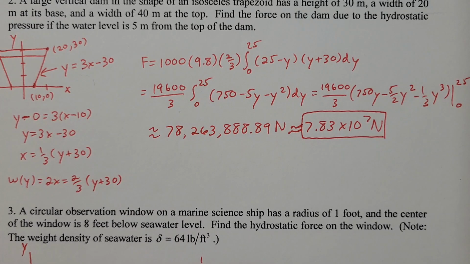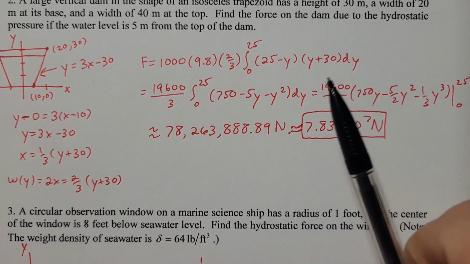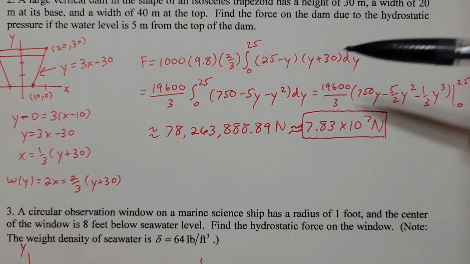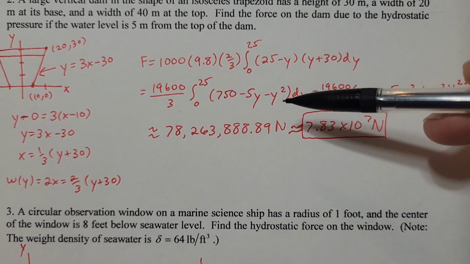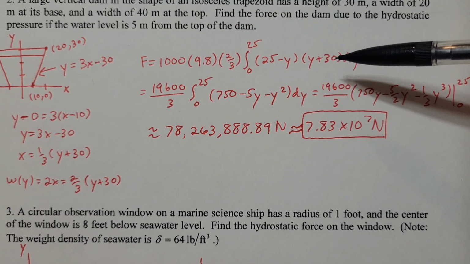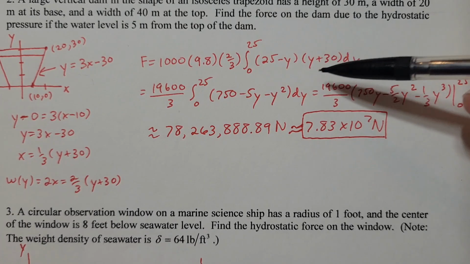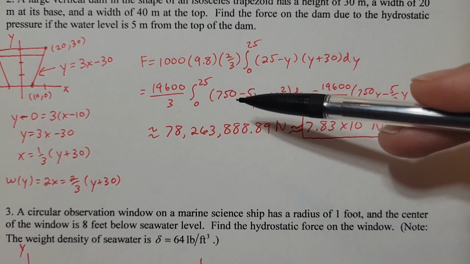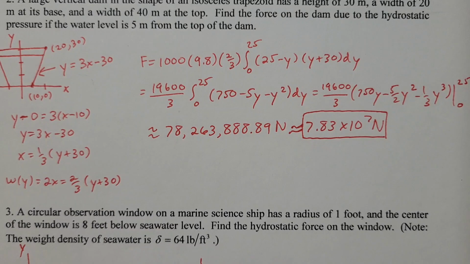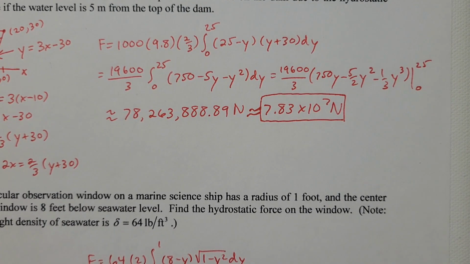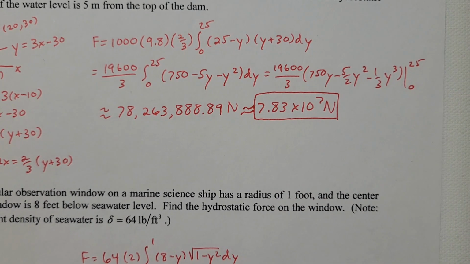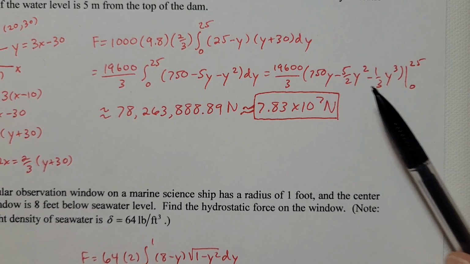Okay, so from that, when I FOIL out this inner part, y minus y, that's negative y squared. And then 25y minus 30y, that's negative 5y. 25 times 30, that's 750. Okay? And then the next thing is I can integrate that function, and that's what I got right here.